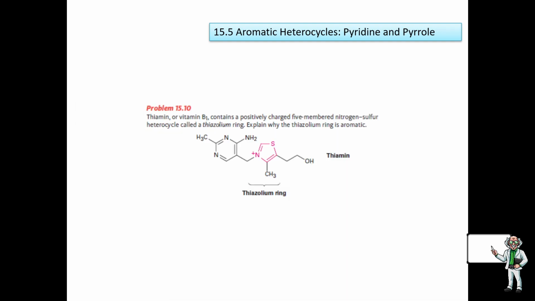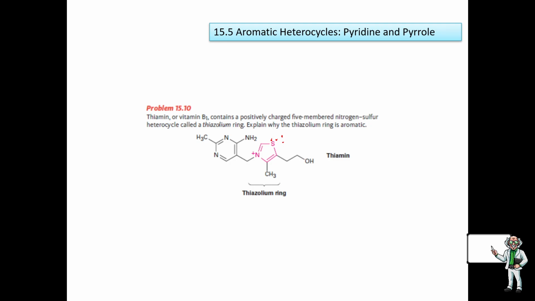Finally, we can do problem 15.10, where they say that thiamine, or vitamin B1, contains a positively charged 5-member nitrogen-sulfur heterocycle. Call it the thiazolium ring. Explain why the thiazolium ring is aromatic. Well, it's the same as before. The only difference is that now we have a sulfur that has 2 pairs of electrons.